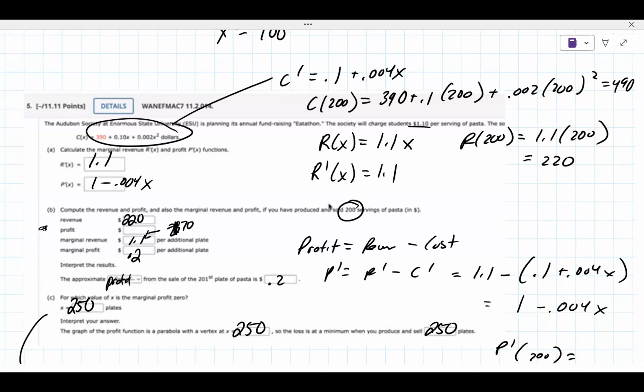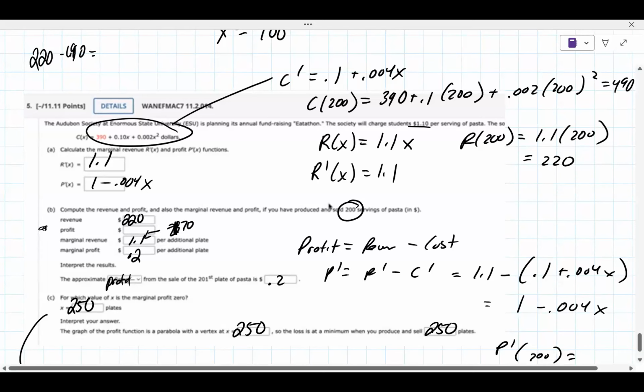Wait, actually, let's see. Yep, that worked. 270. It was 220 minus 490. Okay, got it. I'll make note of that. Okay, we're going to stop there for today.